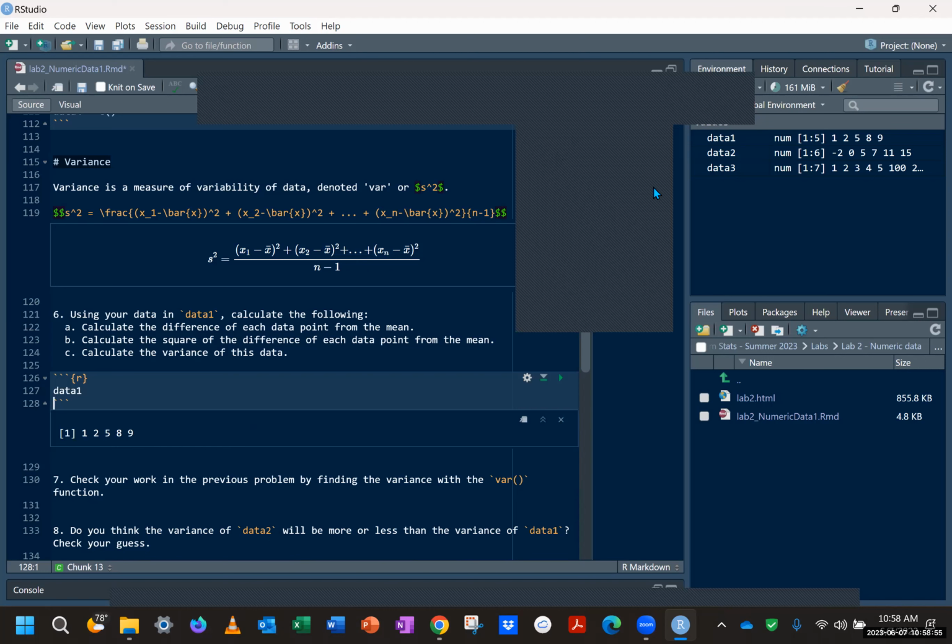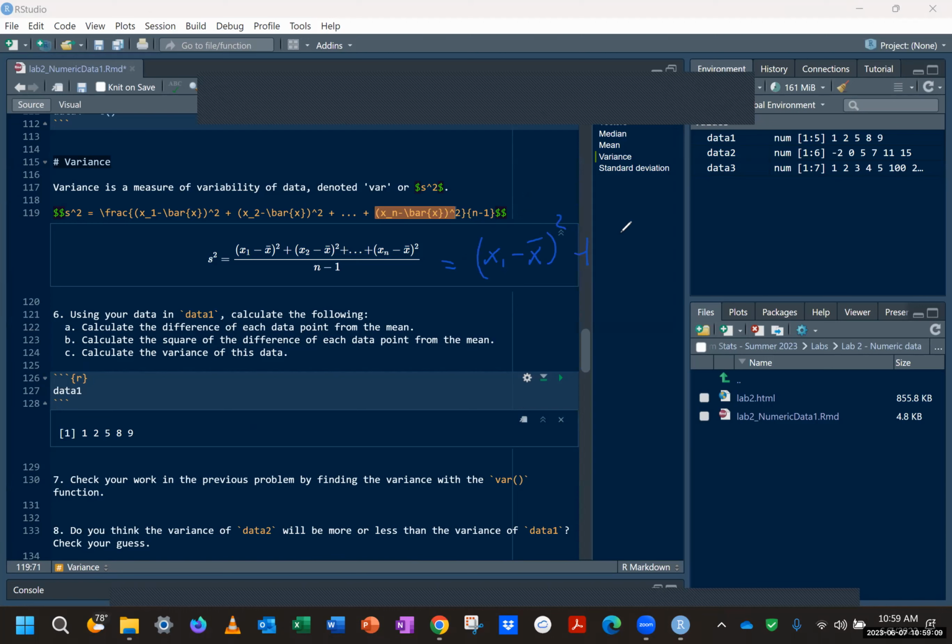So this formula, what this means is we take the first point minus the mean, square it, add it to the next point minus the mean, square it, and so on until I get to the last point minus the mean, square it. So what was the mean of this data set? X bar is the mean. I think we found that to be 5, right?